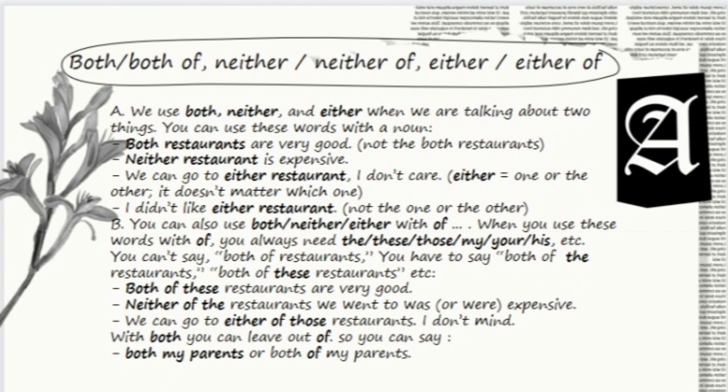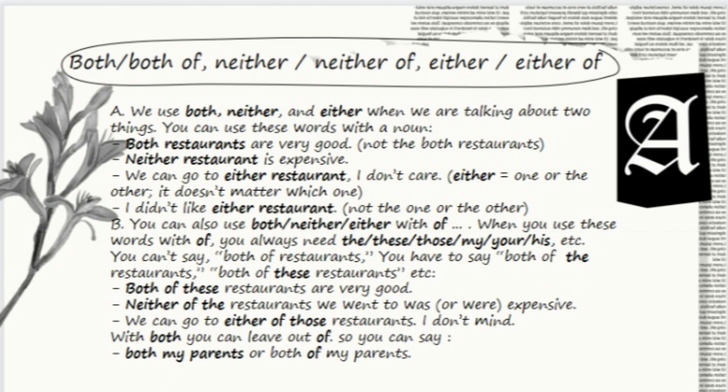You have to say both of the restaurants or both of these restaurants and etc. The more example, both of these restaurants are very good. Neither of the restaurants we went to was expensive. We can go to either of those restaurants.